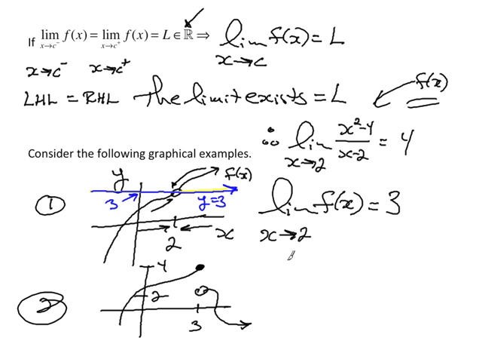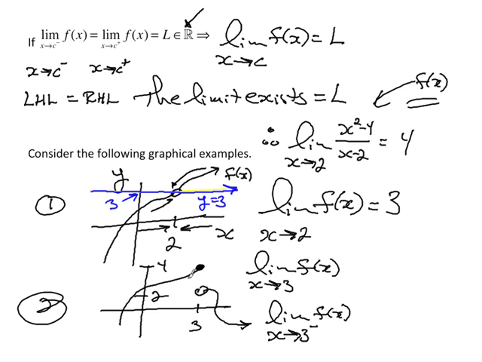And now I want to know the limit as x approaches 3 of f of x. What is that? Well, to deal with that, I'm going to need to take a look at the left-hand limit and the right-hand limit. So the limit as x approaches 3 from the left of f of x, that looks like it's 4.